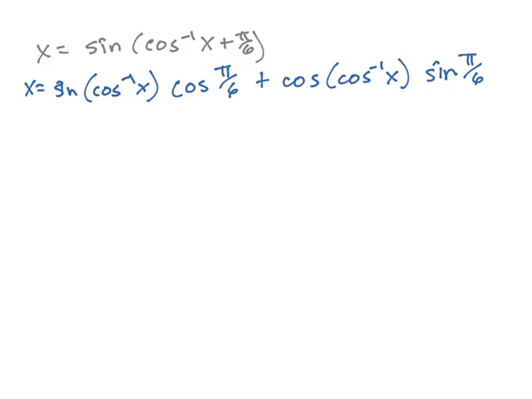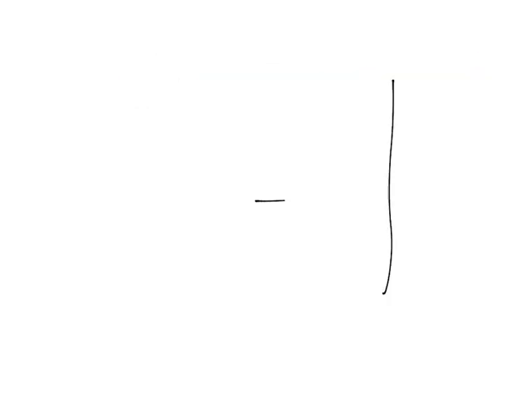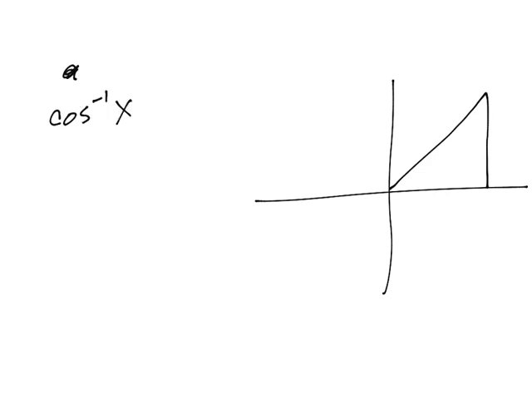The problem is we've got this pesky guy right here, so let's think about what this means. We are in quadrant 1, and I know that because we have pi over 6. Let's draw this out on the next page. In quadrant 1, we have the inverse cosine of x. That means the cosine of our angle is x over 1.